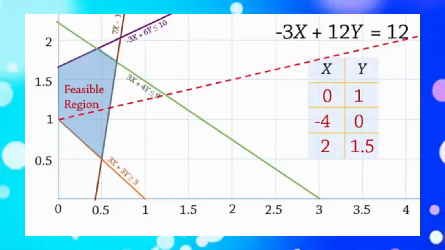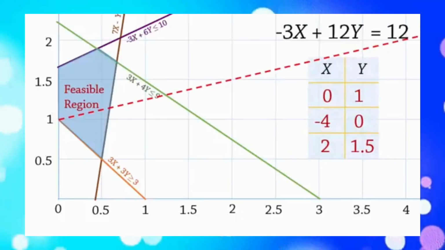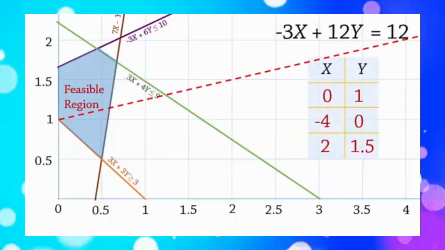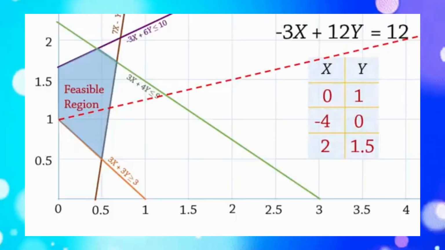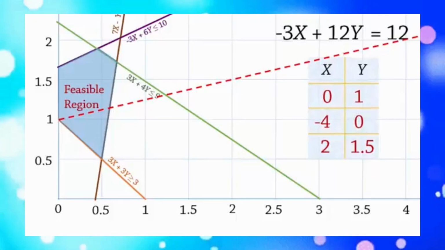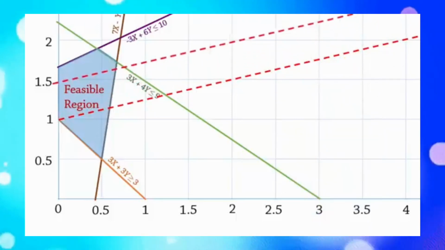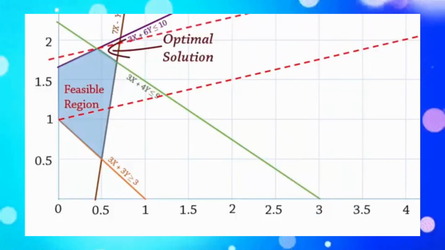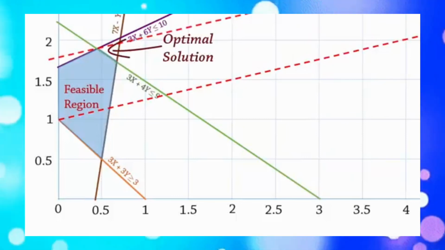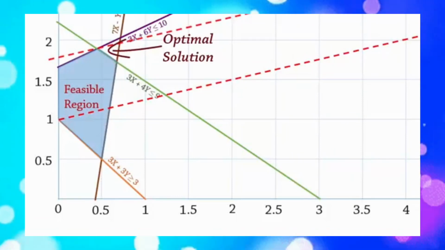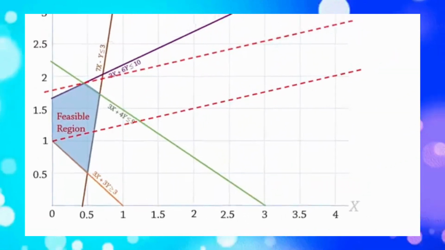Since this is a maximization problem, we slowly move the objective function line upwards away from the origin parallel to itself to obtain the optimal solution point. Now, moving the objective function line shows that the optimal solution occurs here at the line intersection of constraint 2 and 3. Let us now solve these 2 lines simultaneously to determine the coordinates at that point.